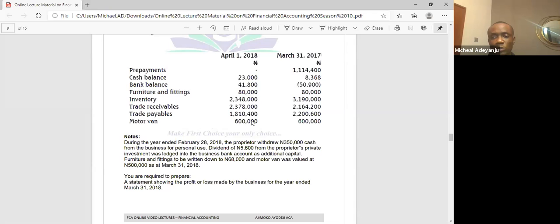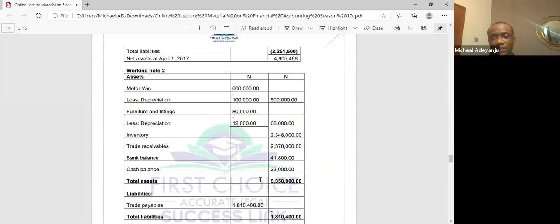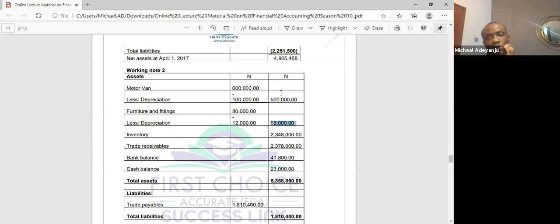So we are not using this figure in 2018 any longer, but we'll be using 500,000 because of depreciation. The same thing also applies to your furniture and fitting. Instead of 80,000 naira, we'll be using 68,000 naira. As it is from here, can you see 68, because we've deducted the depreciation value from it.